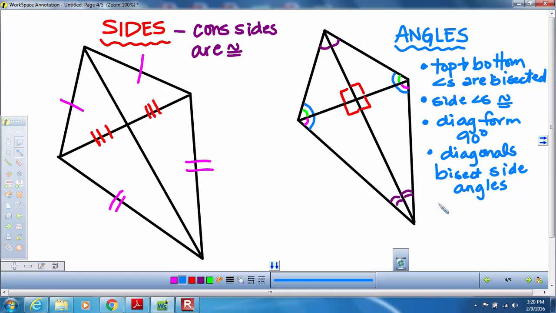And then also you need to know that triangles add to 180. That's going to be really helpful.